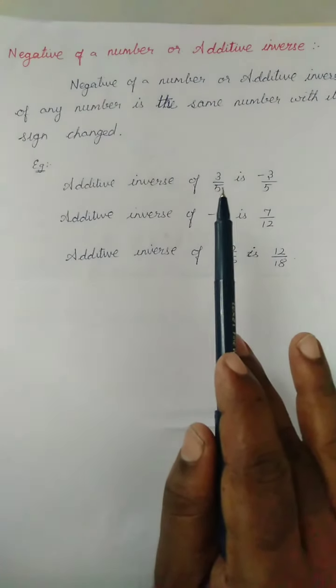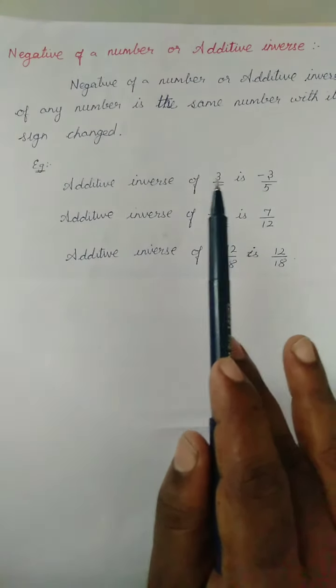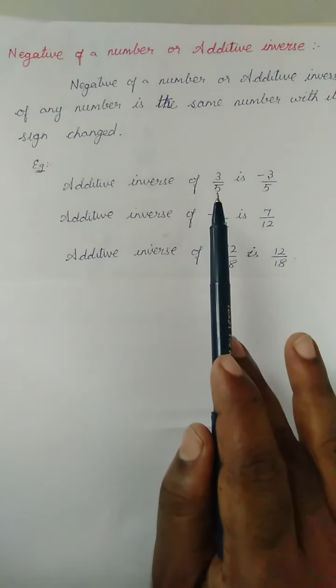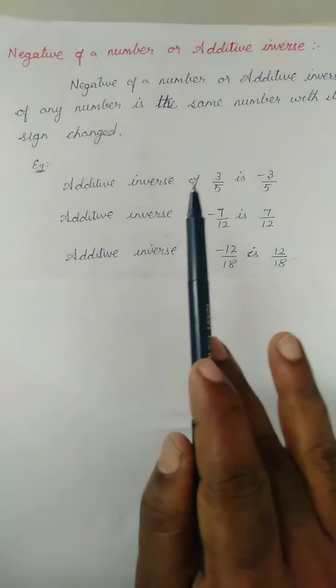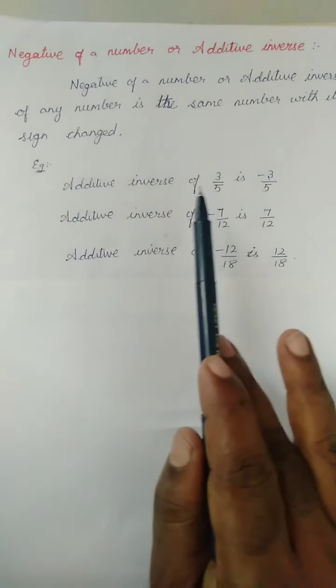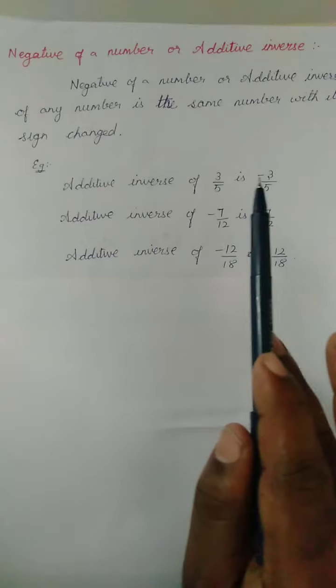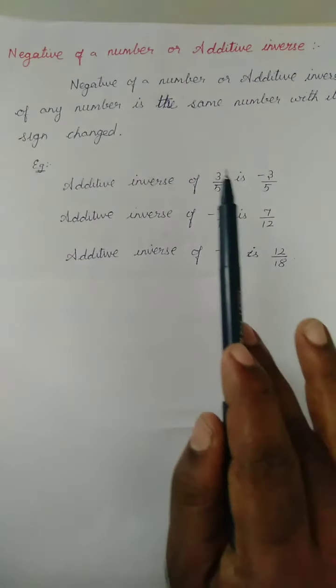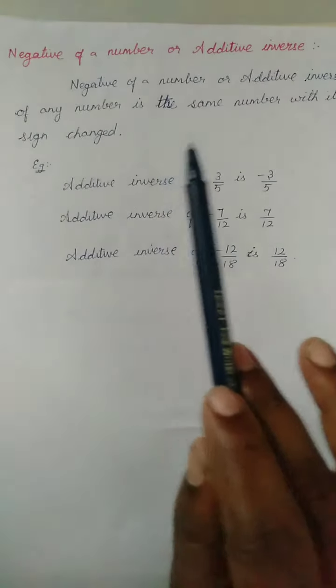So additive inverse or negative of a number: that means 3 by 5 is a positive number. Opposite of positive number is negative number. So additive inverse of 3 by 5 is minus 3 by 5. The number will not change, only the sign will change. That is called additive inverse.